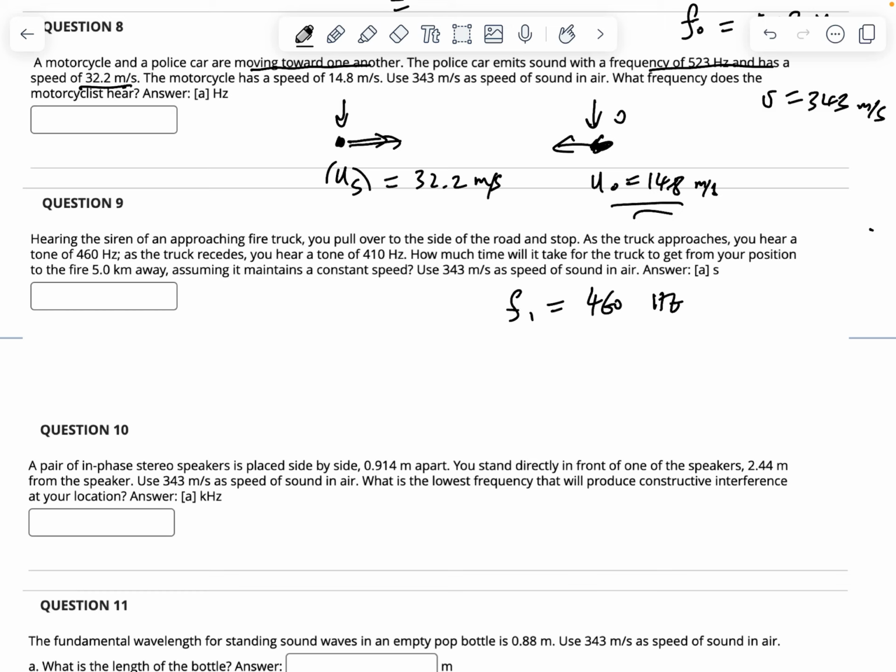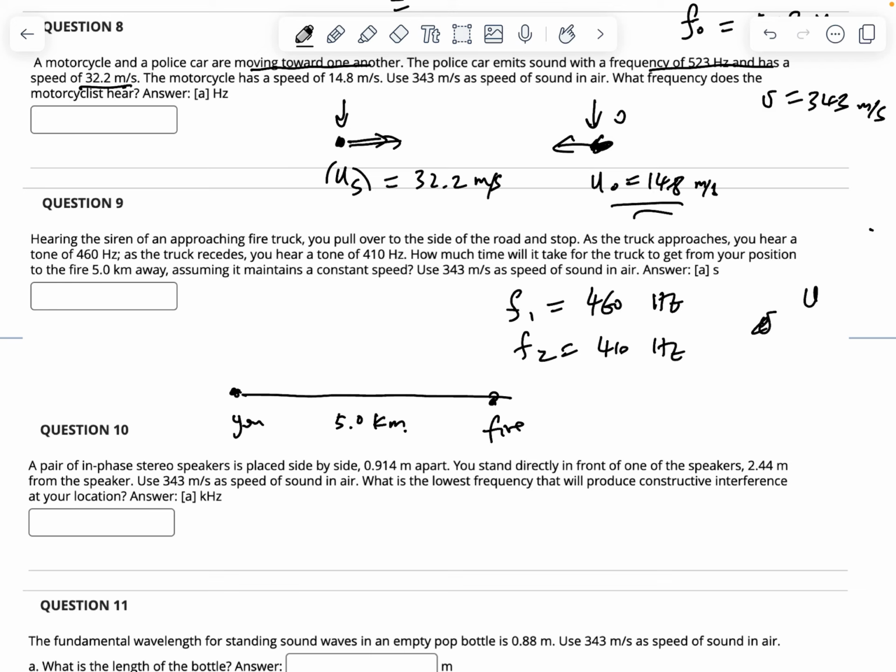As the truck recedes, you hear a tone F2 equal to 410. How much time will it take for the truck to get from your position to the fire 5.0 kilometers away? Assume they maintain a constant speed. So you have to know the speed of the fire truck.